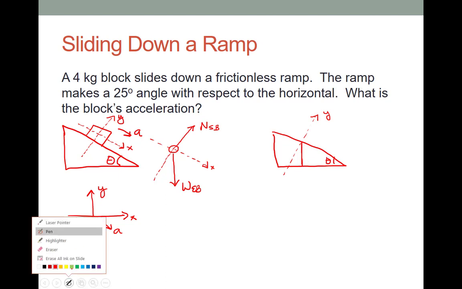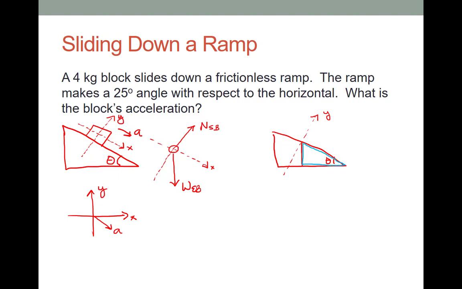That triangle is this one. This is a 90-degree angle. Since this is a 90-degree angle and this angle is theta, that makes this angle up here phi, where phi will equal 90 minus theta in order to get the angles of the triangle to add up to 180.